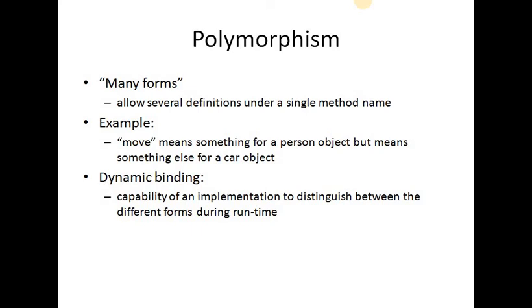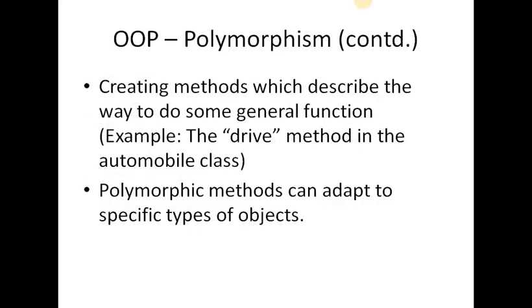Dynamic binding is included in polymorphism, like the capability of an implementation to handle the differences between the different forms during runtime. In C++, polymorphism is mainly divided into two types. First is compile time polymorphism, and second is runtime polymorphism.